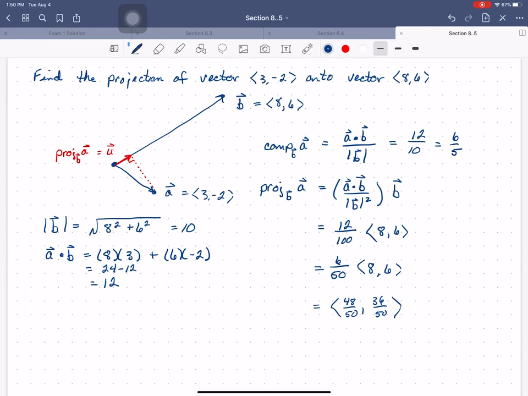And those both reduce to 24/25 and 18/25 respectively. And that is the vector notation of the projection of vector A onto vector B. In other words, that is the vector notation of this little guy that I sketched right here.